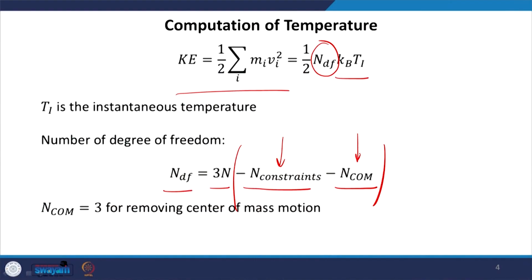So, in both these cases, we therefore decrease also by 3, that is the 3 coordinates of the center of mass, and these degrees of freedom come in the definition of the temperature. So, we can get the instantaneous temperature using that, and as we have discussed in the last lecture, this can be used in a thermostat for controlling temperature, but when we are working with, say, an NVE ensemble, then this is the quantity we can average over to find the average temperature of the system.